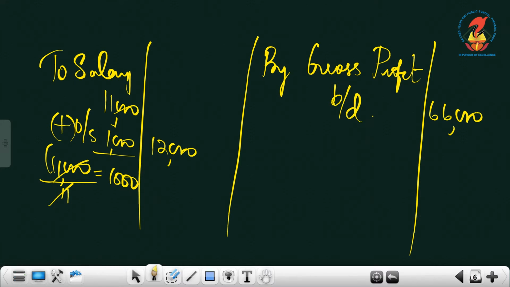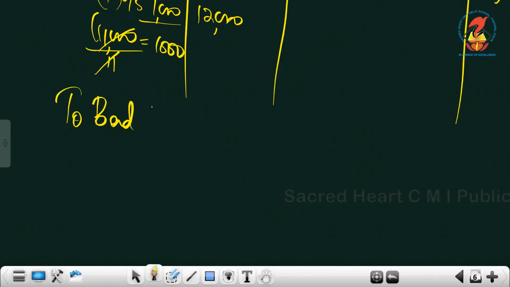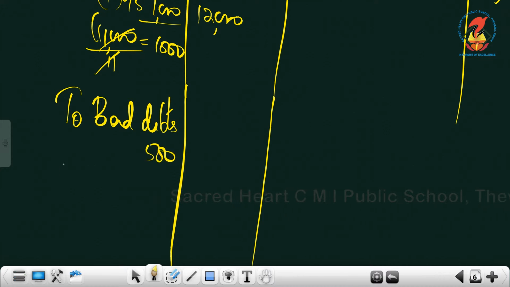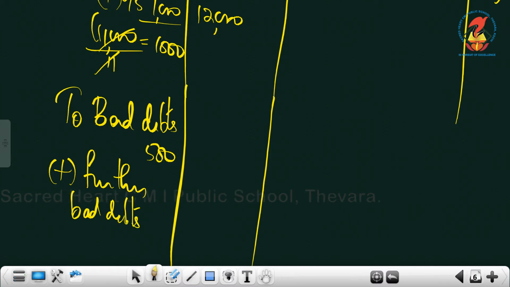Then we have bad debts. For that also we have adjustment. So bad debts, it is given 500. Then we have to write further bad debts and all. Bad debts in the column 500. Add further bad debts, take it from your adjustment, it's again 500.